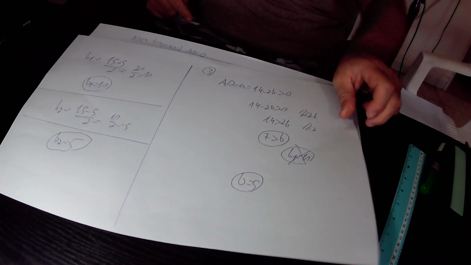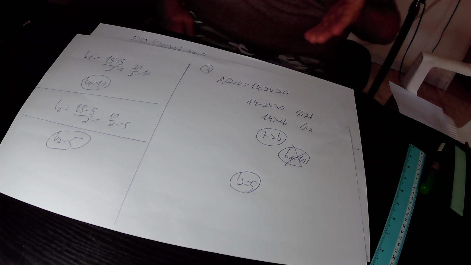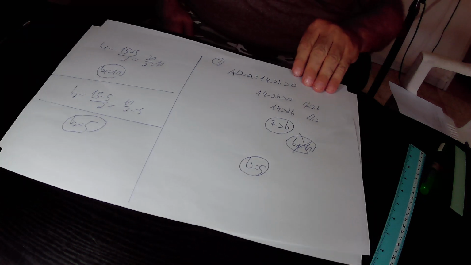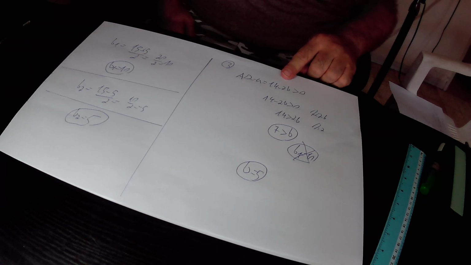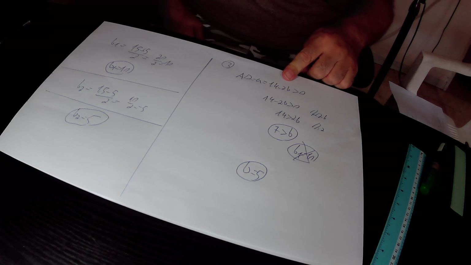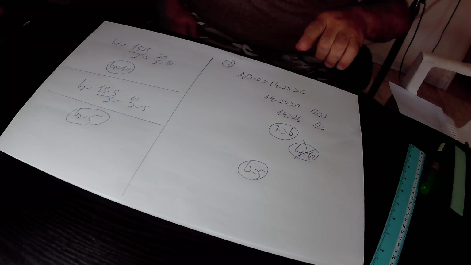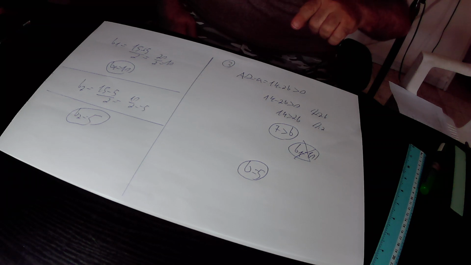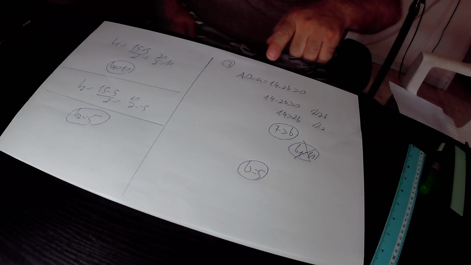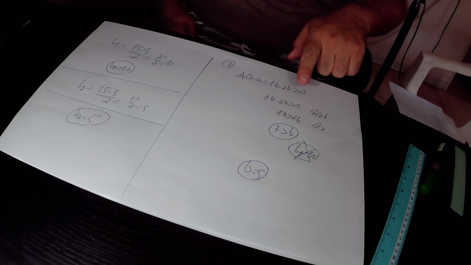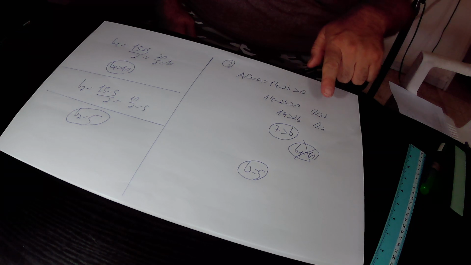So AD is a length, so it must be a positive number. That is to say, the expression 14 minus 2b, that is the length of side AD, must be greater than 0.